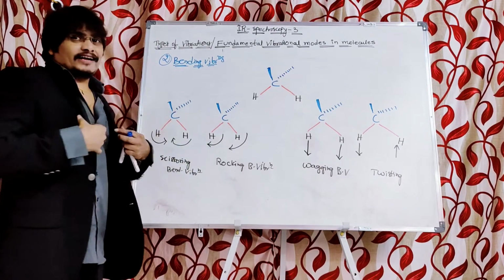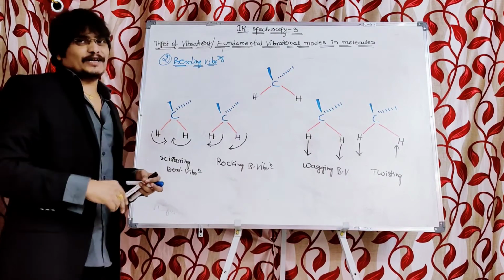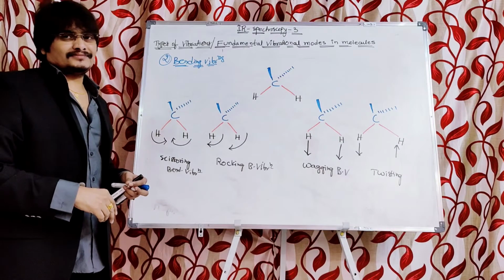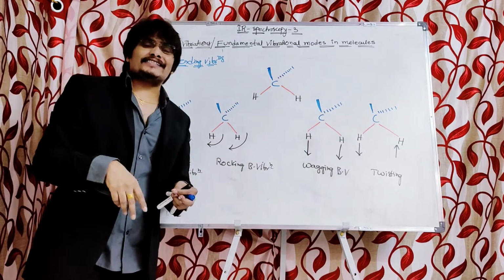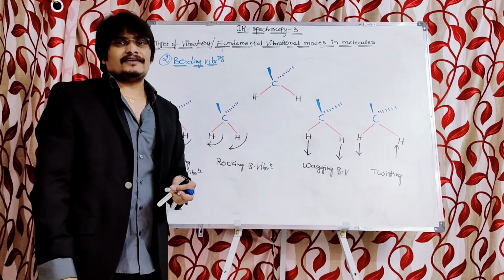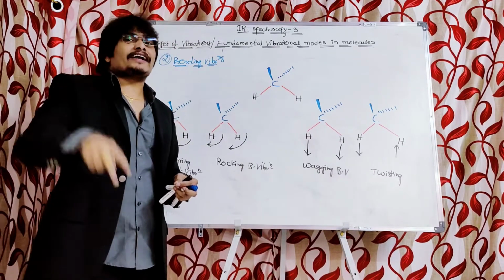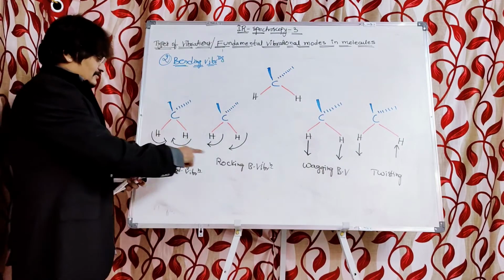Now, these four types of bending vibrations can be categorized into two types. Can you guess? Two can be categorized as in-plane bending vibrations, and another two as out-of-plane bending vibrations. So what are these? Scissoring.